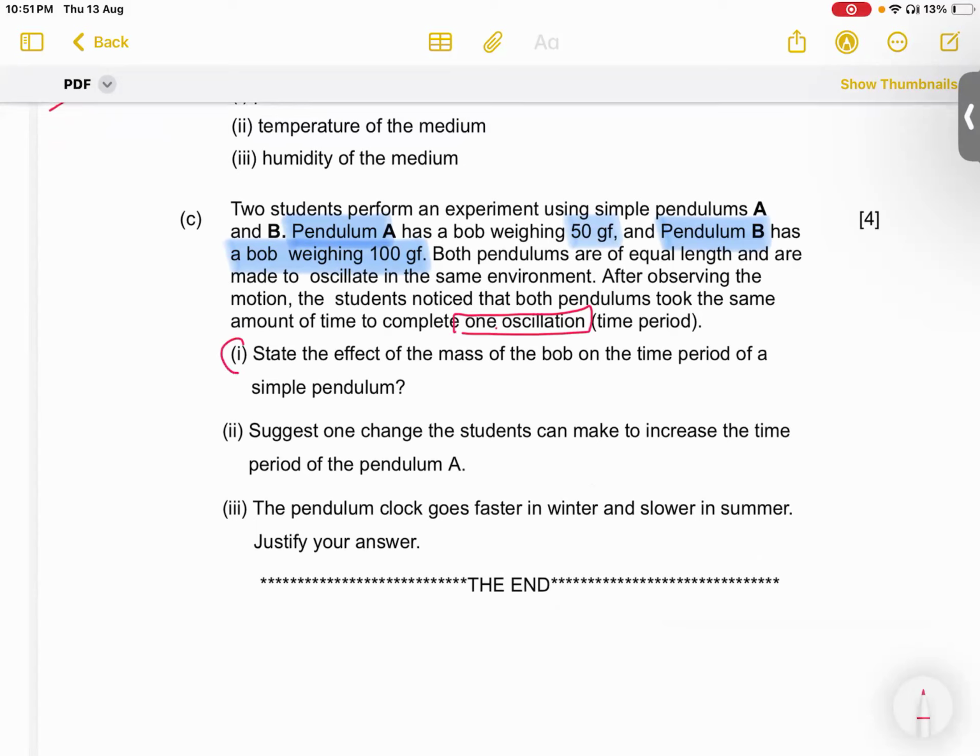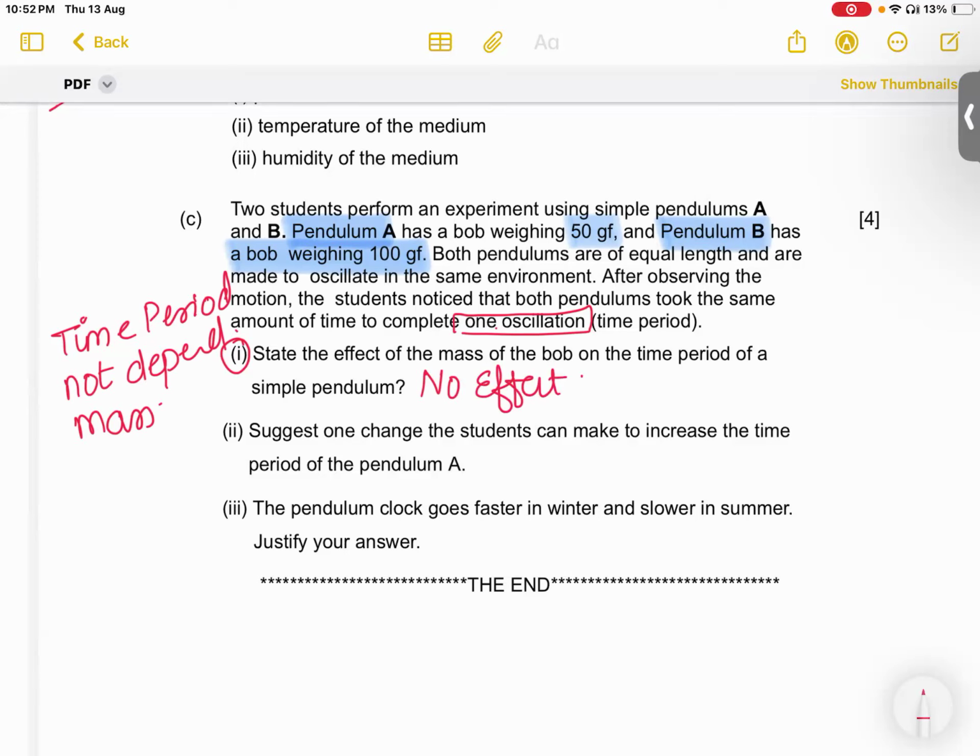State the effect of the mass. We will write time period is not dependent on mass. It does not depend upon mass. So no effect.